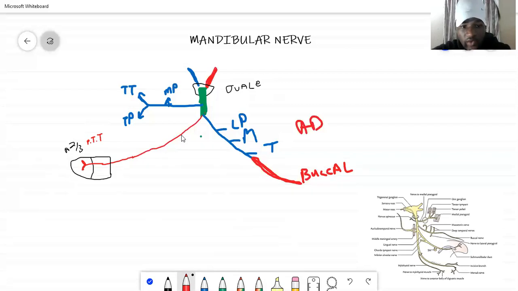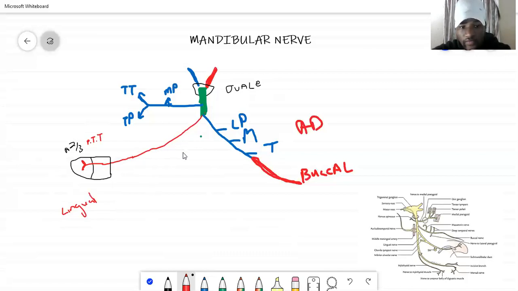And then from there, you'll have another branch on the posterior division. Remember, now we are in the posterior division. So the first branch will be your lingual nerve, right? Then from there, we would have our other branch, which would be our inferior alveolar.